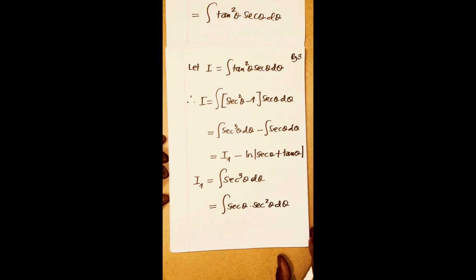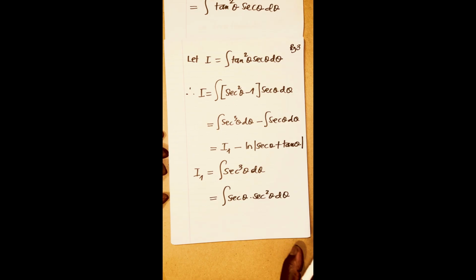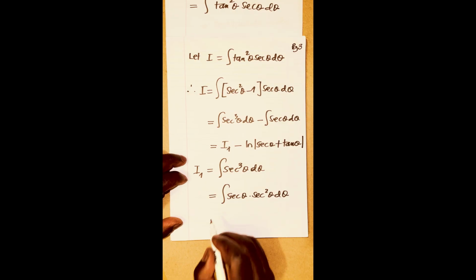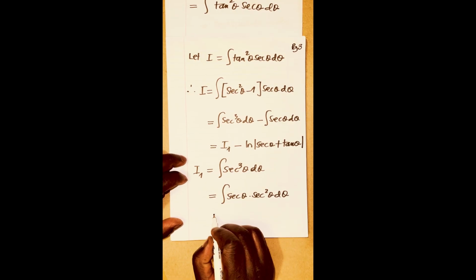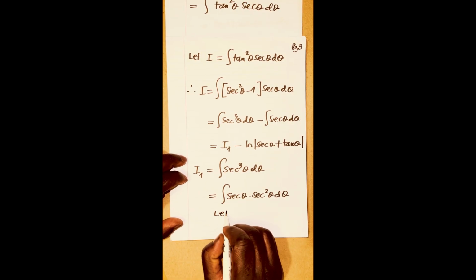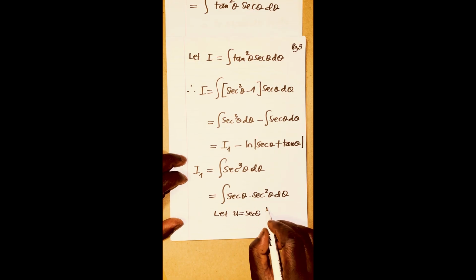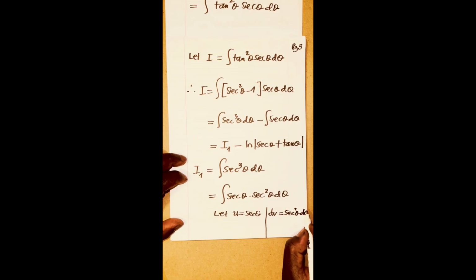Wonderful. I'm going to use what we call integration by parts now. At this point, I'm going to let u be equal to sec theta, and then I'm going to let dv equal sec squared theta d theta.